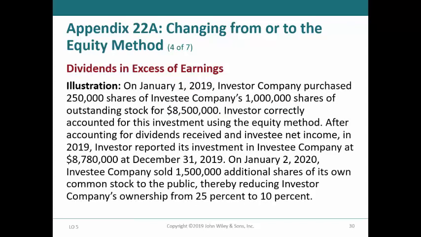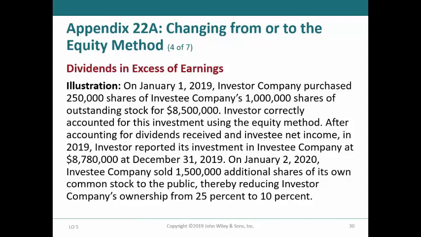To illustrate changing from the equity to the fair value method, we will look at an example where a company originally purchased 250,000 shares of the investee's 1 million shares of outstanding stock for $8,500,000 and correctly used the equity method. At December 31st, 2019, the investor company reported its investment at $8,780,000.